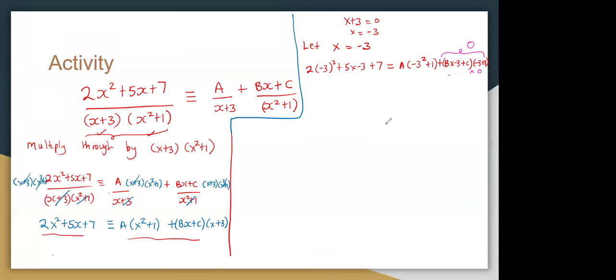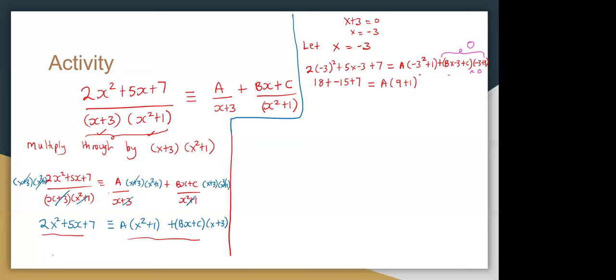Thank you, teacher. Okay. So here, members, negative 3 squared will give you 9 times 2, which will be 18. Then plus 5 times negative 3 is negative 15 plus 7 will equal to A, negative 3 squared is 9 plus 1.